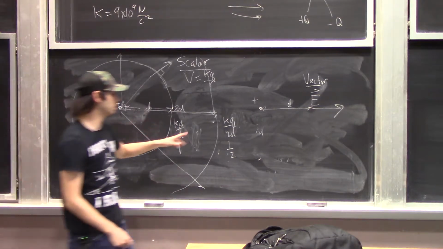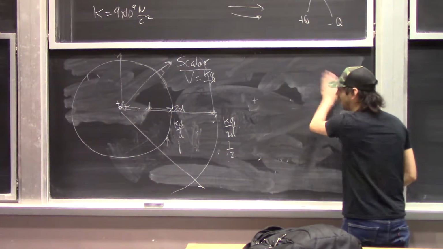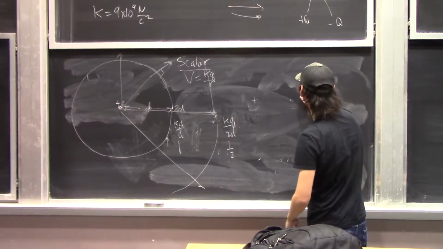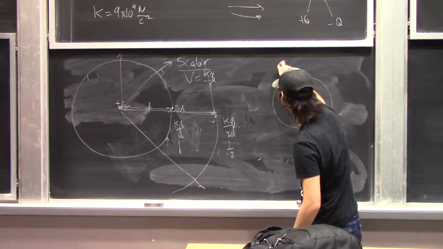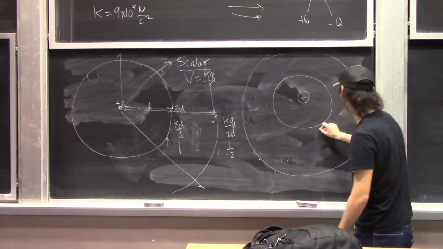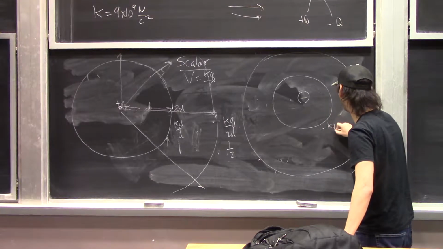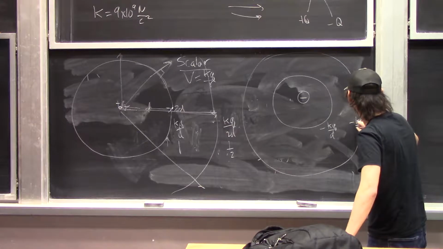And what we see if we reversed our scenario here and said, okay, what if I had the negative charge? Our equipotential contours look the same, right? There are still going to be rings here. But now this is going to be minus kq over d, and this is minus kq over 2d.